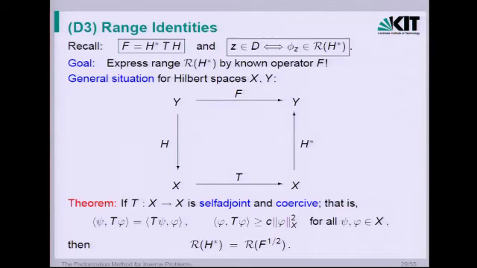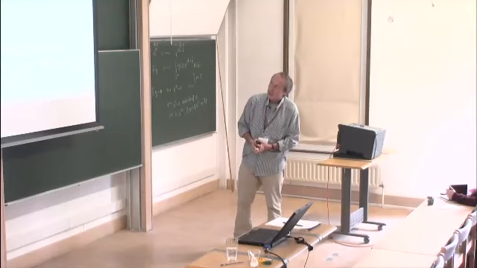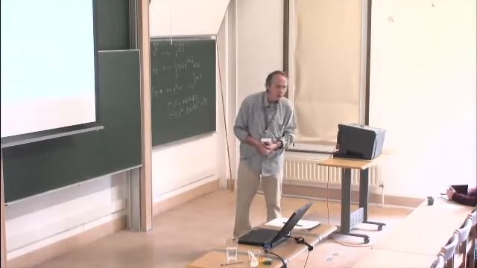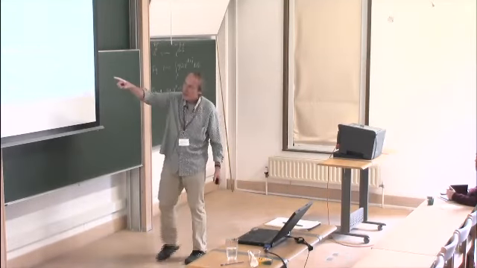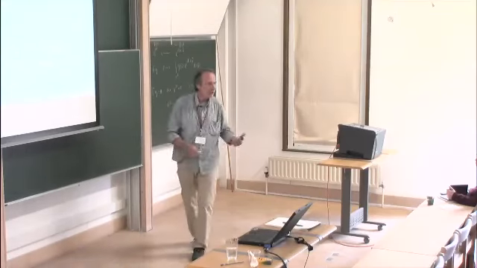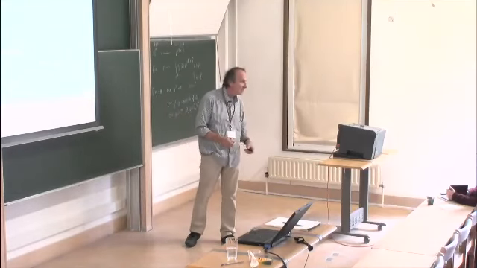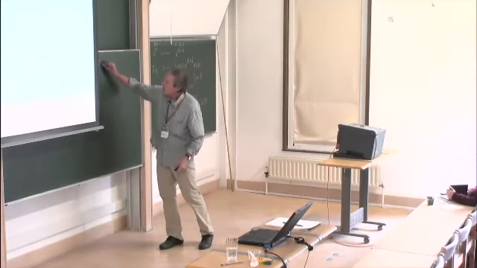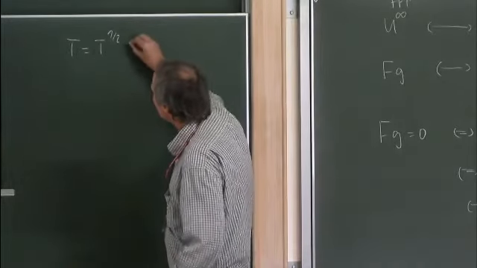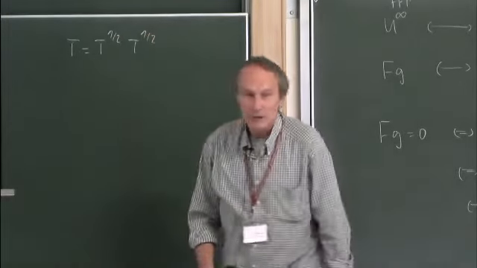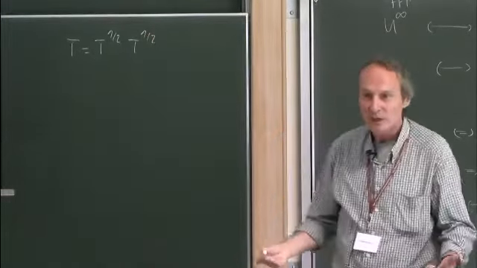Everybody knowing the general linear theory on inverse problems should be able to prove that. First of all, we can assume without loss of generality that T is the identity. If T is self-adjoint and coercive, then there exists the square root of T. T is of course not a compact operator, but a self-adjoint bounded operator.